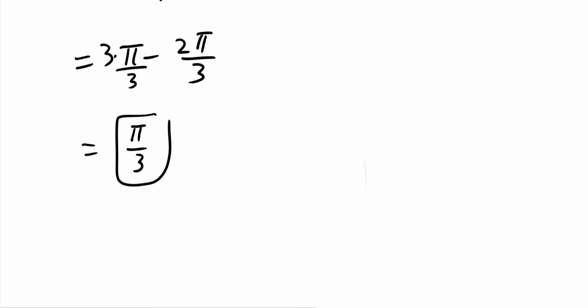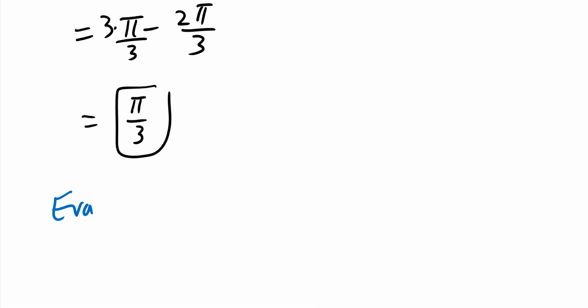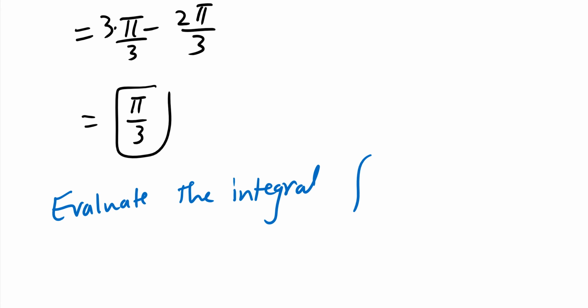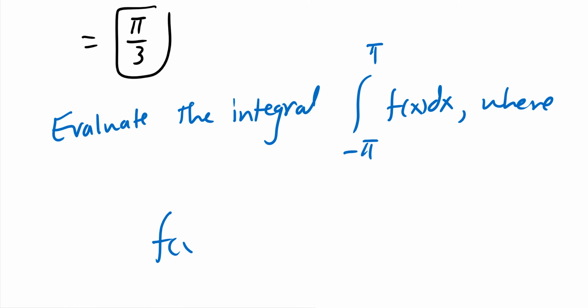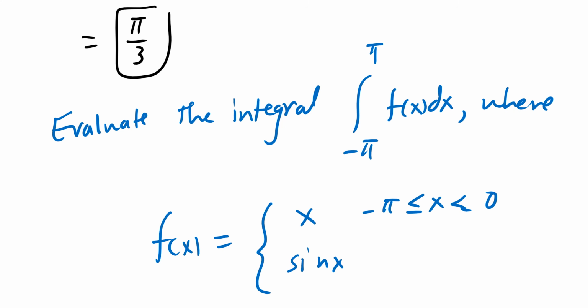Another example, let's say we are asked to evaluate the integral from negative pi to pi of f of x dx, where f of x is given as a piecewise function: x when x is from negative pi to 0, and sine x from 0 to pi.